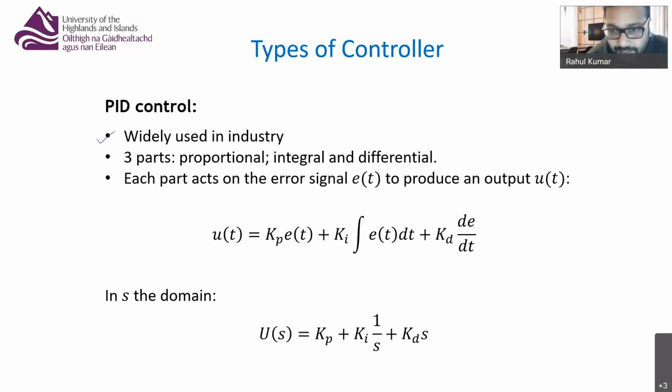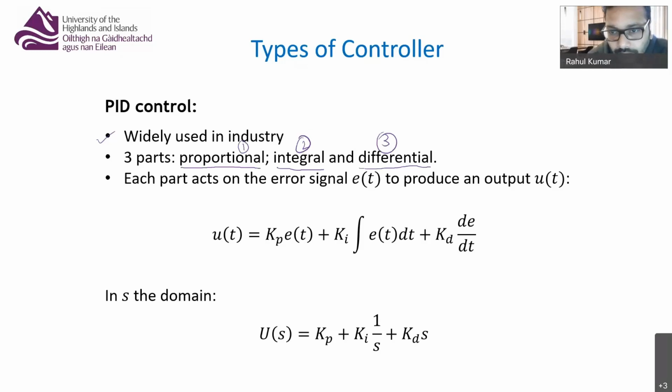But for the time being, I'm giving you a brief introduction to the PID controller. It includes three parts: a proportional controller, an integral controller, and a differential controller. Okay.